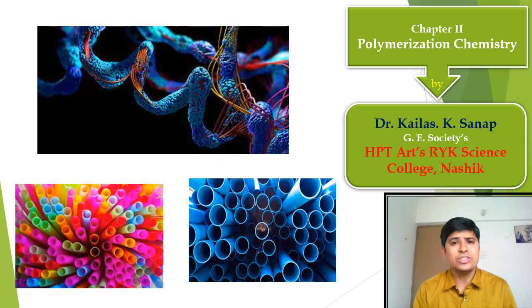Now, in this lecture, we will see ionic polymerization. Ionic polymerization is categorized into two subcategories: one is cationic polymerization and the second one is anionic polymerization. After that, we will see coordination polymerization. So, let us begin with ionic polymerization.